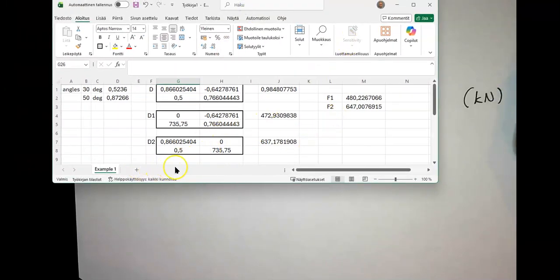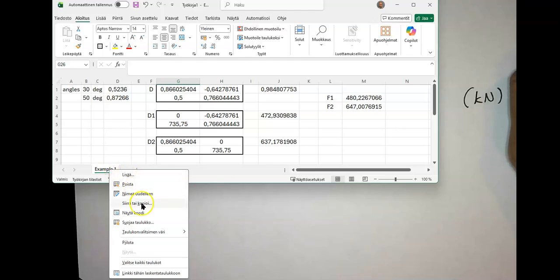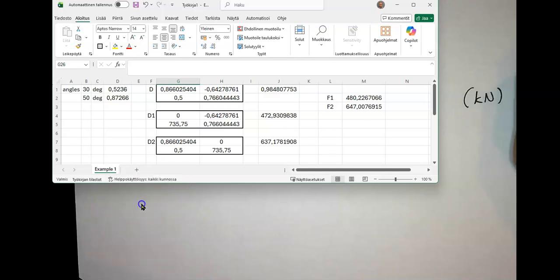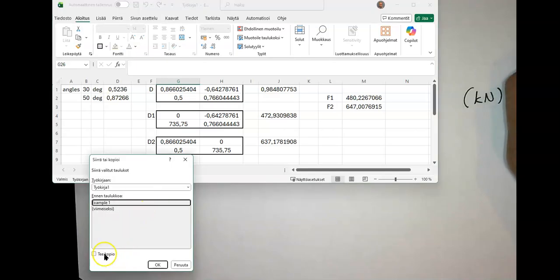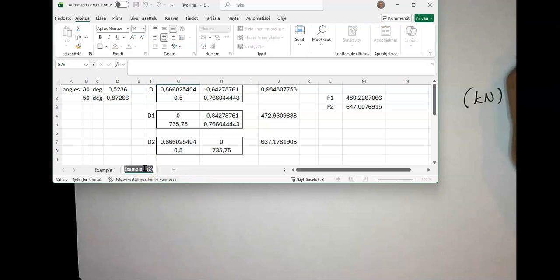Here is the example 1, and I will copy. Siirrä tai kopioi means in English move or copy, and I make a copy of that. I don't need to change those here, but I will have another sheet here.